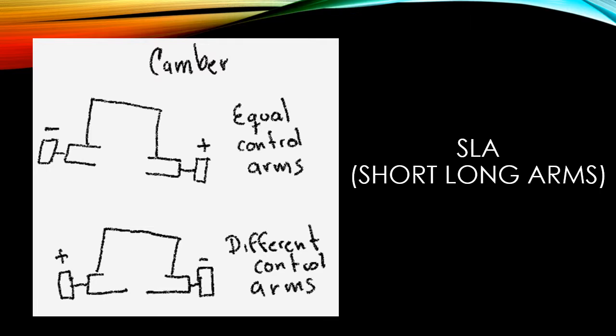So if you have small contact to the road in the right wheel, it can produce an accident. On the other hand, he realized that if you have the upper control arm shorter, you counteract the previous effect by having negative camber in the right wheel and positive camber in the left one.